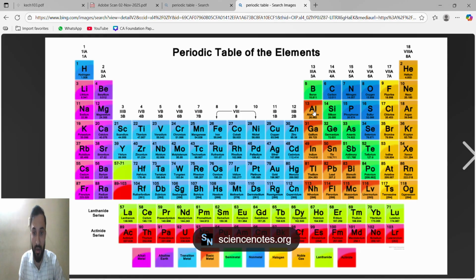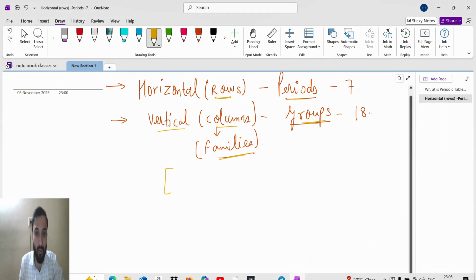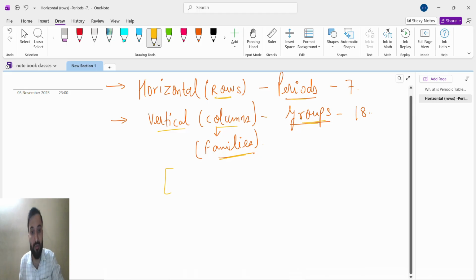That's why they are kept in groups or families, because in groups and families the important thing is that we have to follow certain rules and regulations. So the vertical column is called groups or families, meaning each element will follow the same physical and chemical properties and have the same valence electron. Vertical column is called groups or family. Why?